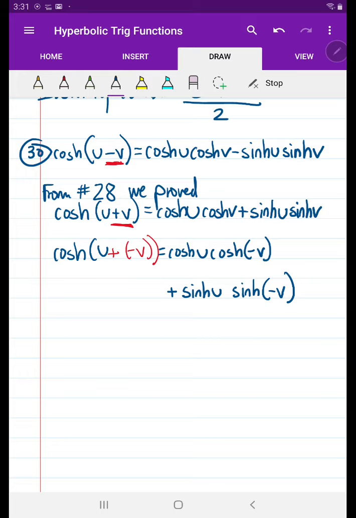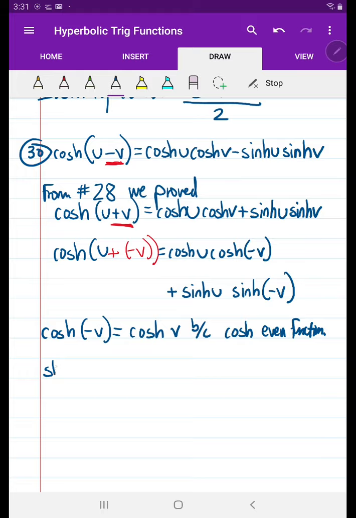Now, we talked on our first day about some qualities of the cosh function, and we said that cosh negative v is equal to cosh v because cosh is an even function.